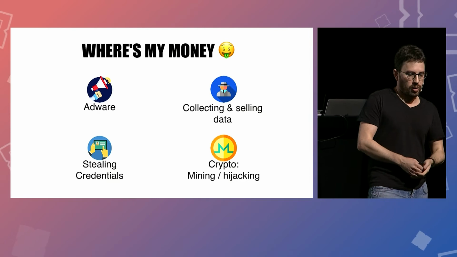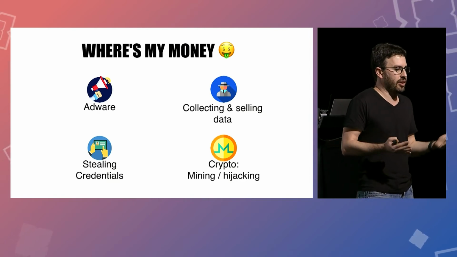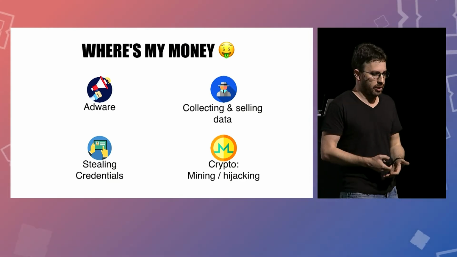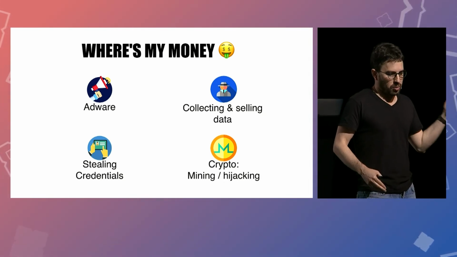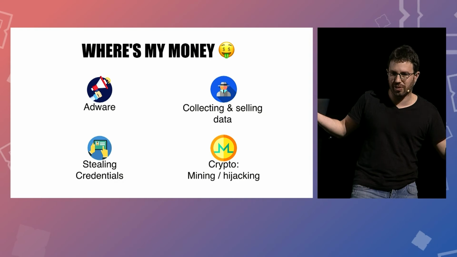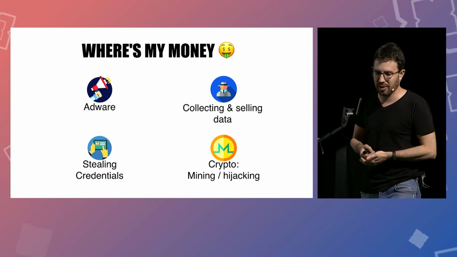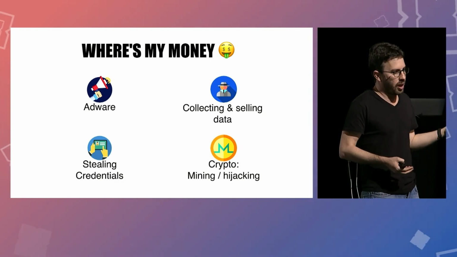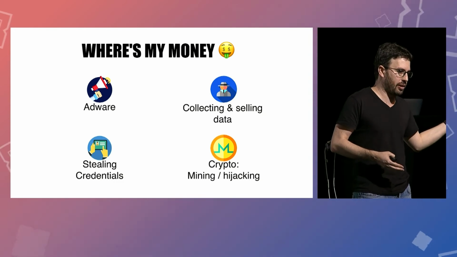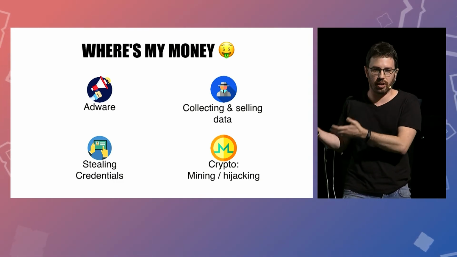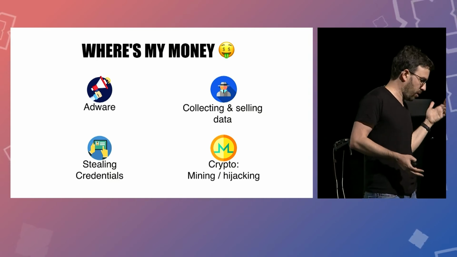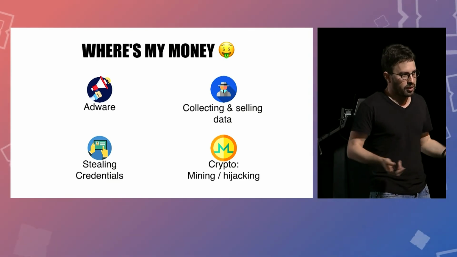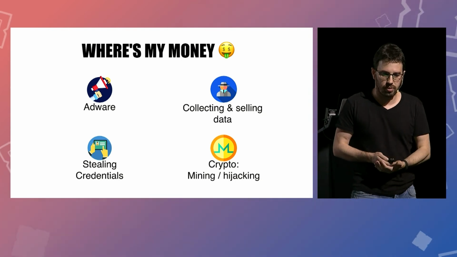The second is collecting your data and selling it to third-party companies. Also, they can steal your credentials, as we saw before, and of course, riding the trend of crypto, they can mine crypto from the background.js, and also try to hijack transactions from the user. For some reason, I don't know why, Monero seemed to be the most popular crypto.